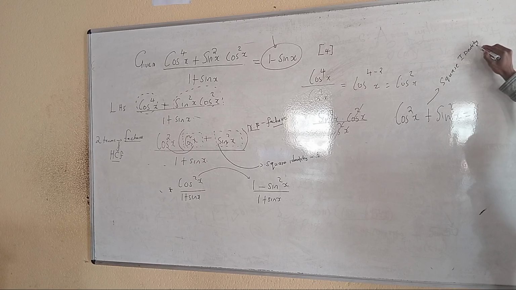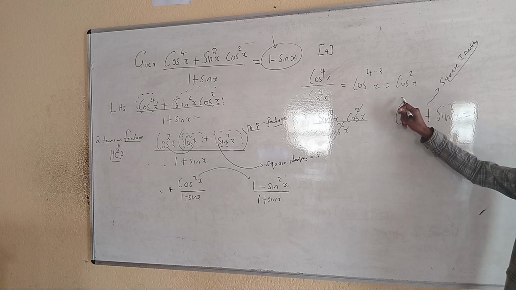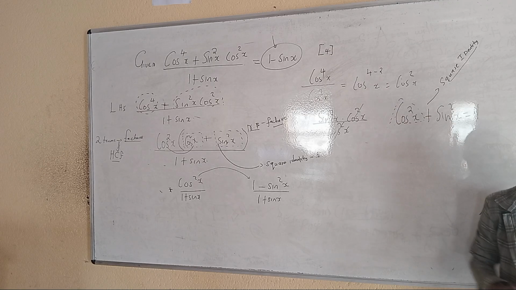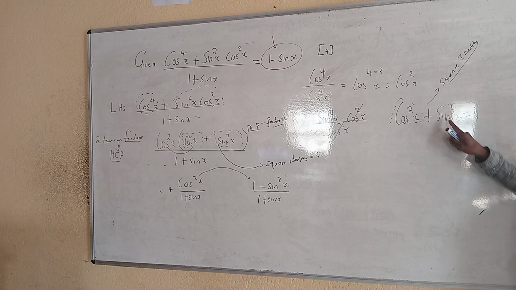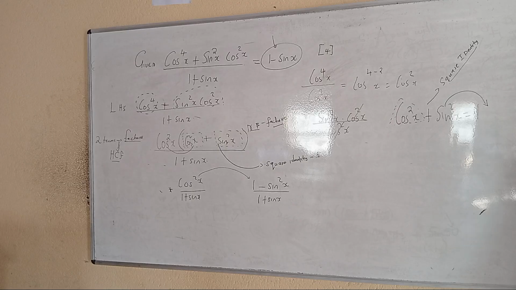Now, let's say we only want to know about cos squared x. What we can do from the square identity is take sine squared x to this side. What's going to happen?